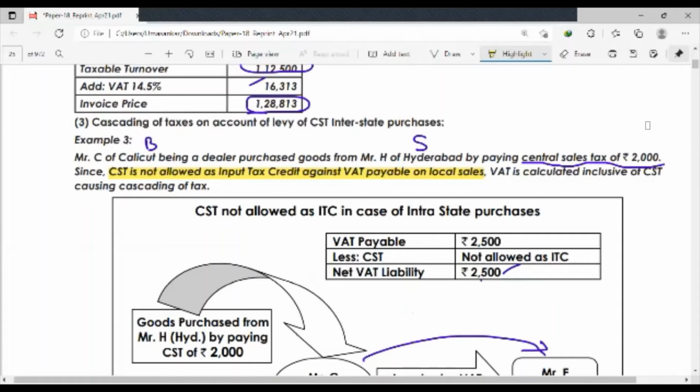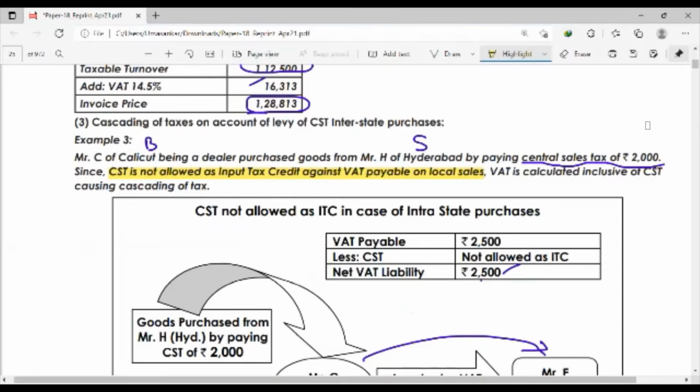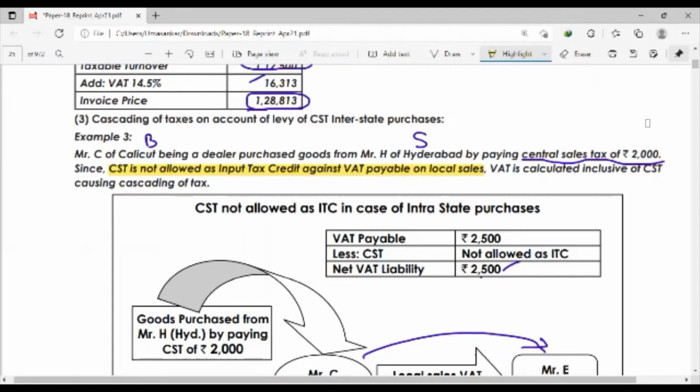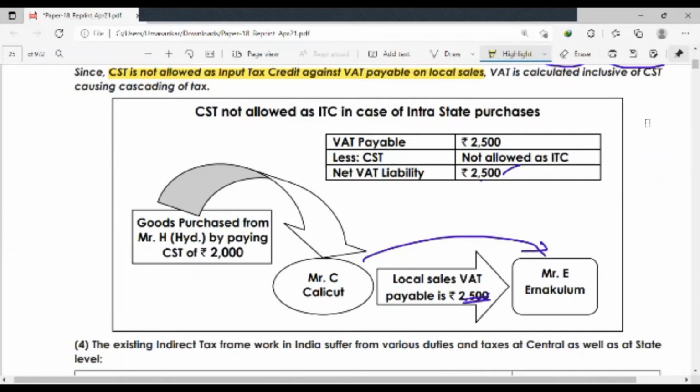See, here we'll go for another example. Mr. C of Calicut, being a dealer, purchased goods from Mr. H of Hyderabad by paying central sales tax of 1,000. You might have heard of CST. CST is not allowed as an input tax credit against VAT payable on local sales. You understand that? You might be remembering from the intermediate. Okay, so we'll see an example. Goods purchased from H by paying 2,000.